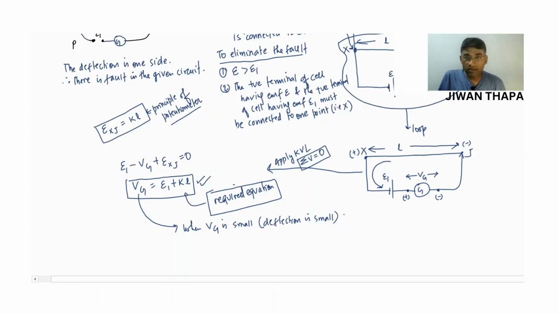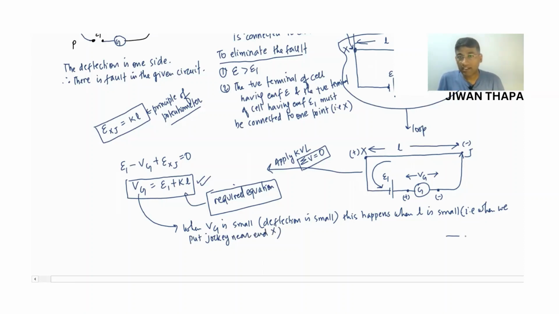This happens when L is small, that is when we put jockey near end X. So we can understand it in this way.